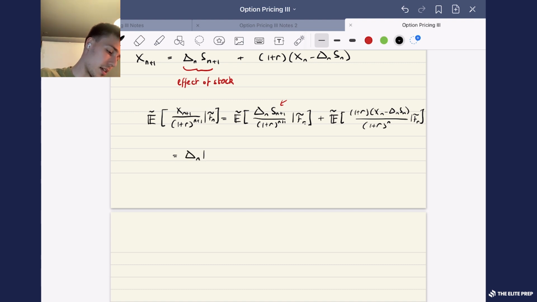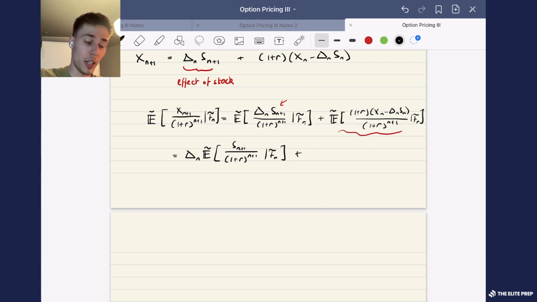delta n, an expected value under the risk neutral measure of Sn+1, which is a primary asset, plus everything inside the other part is measurable with respect to the filtration at time n. So that is just xn minus delta n Sn over 1 plus r to the n.